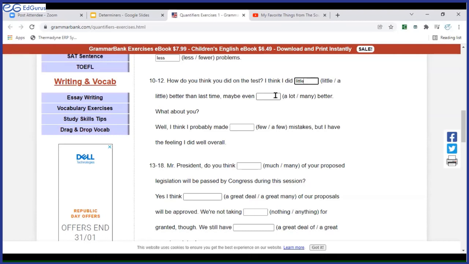You see the difference, right? When I say, I think I did little better, this is positive affirmation, right? But when I say, I think I could do a little better, what does it express? I have failed to do better, and then there is a possibility that I could do better. Got it? Yes, ma'am. And this was a very good question you asked. I was expecting that you should ask this.